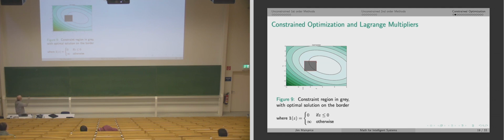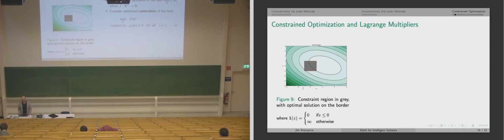So if I would say I want to optimize that cost function such that I remain within that box, of course the solution will be that point here. That would be a box constraint on the state variable, and you could model it by saying it's everywhere 0, and outside of the box the constraint is infinity, and I will add that function to the objective, and that would be a valid objective.